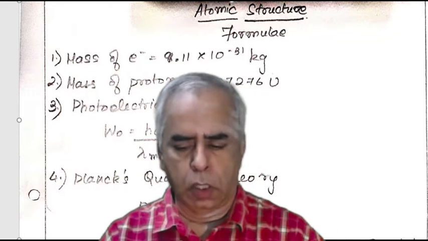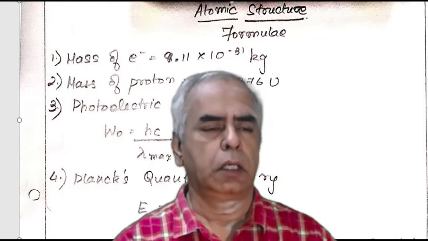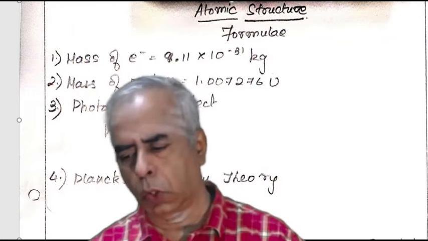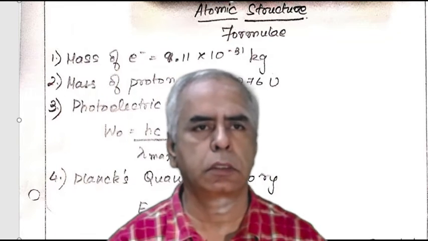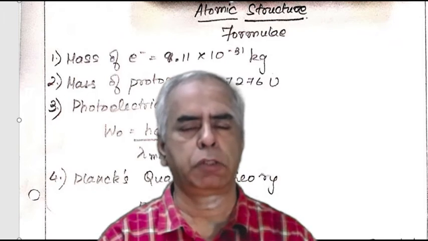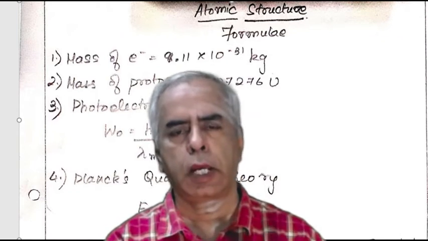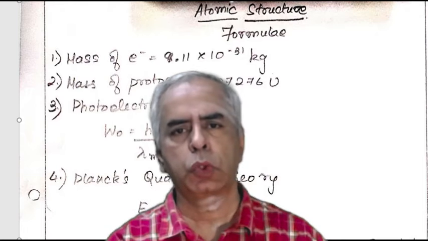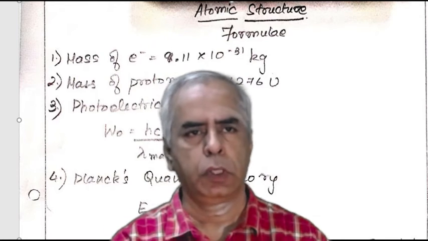Now, let us consider the charges of all these subatomic particles. We have the electron with negative charge. Proton has positive charge. Neutrons have no charge.